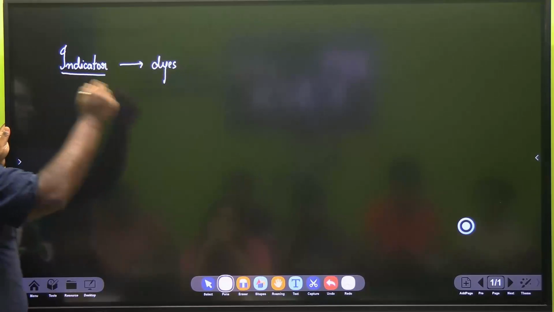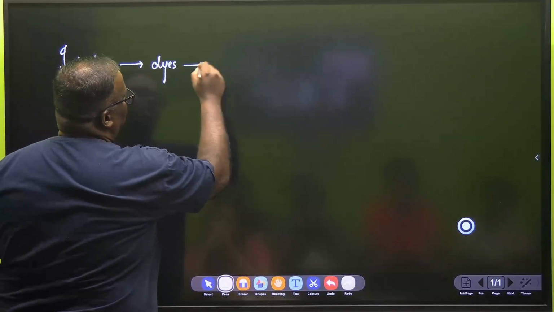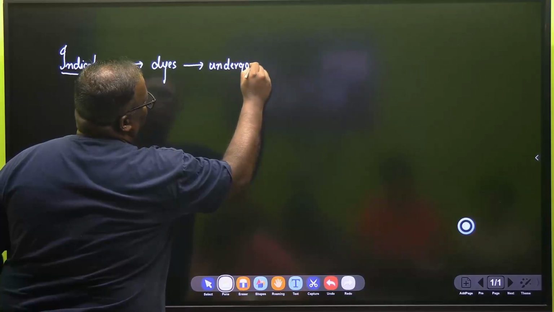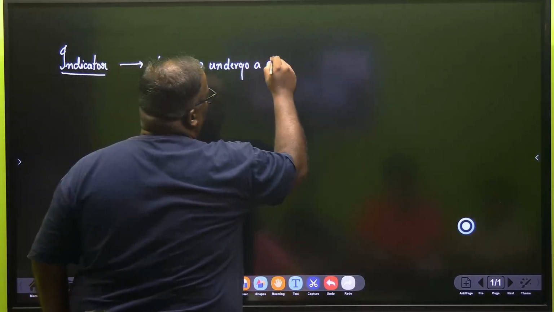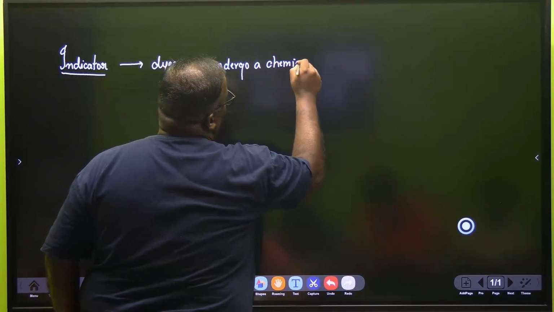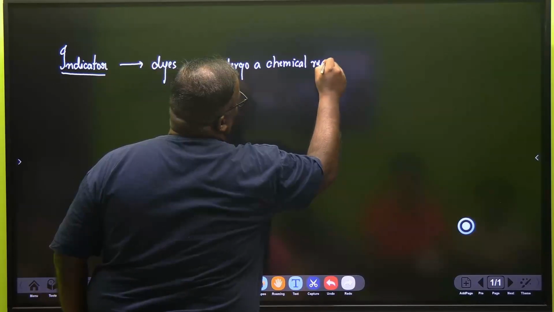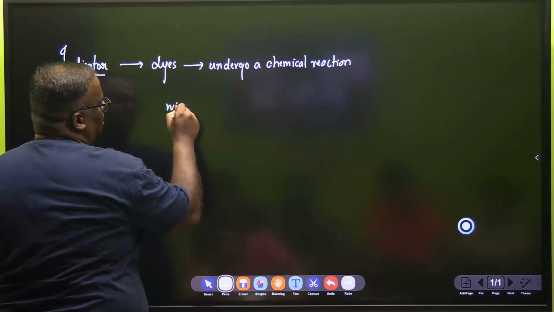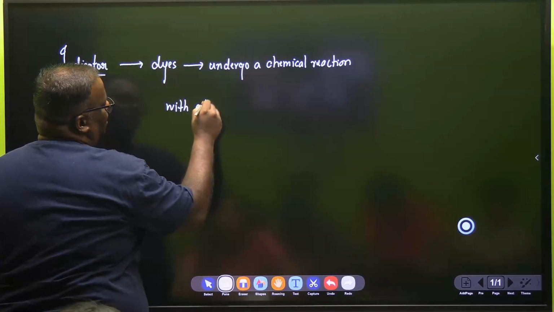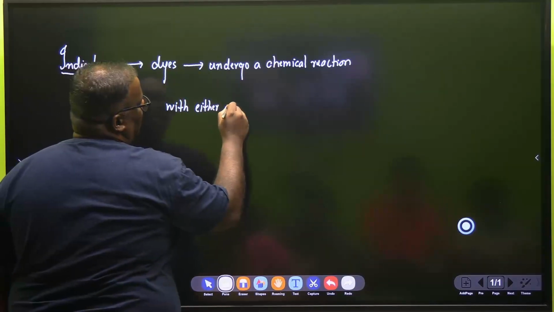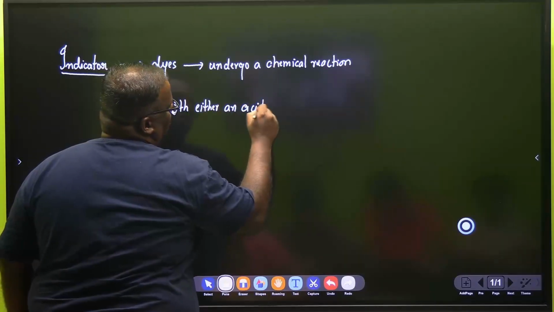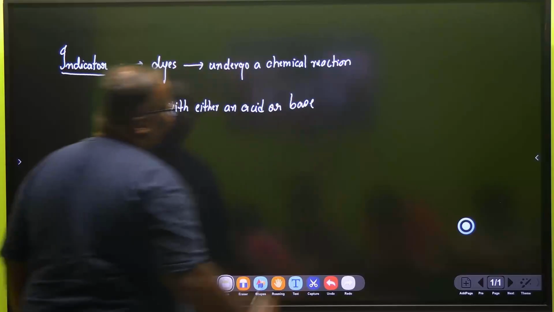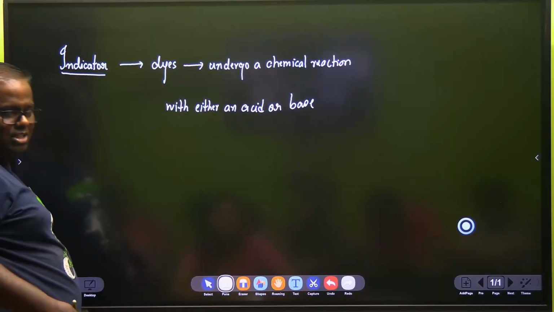So an indicator is a dye which will undergo a chemical reaction with, now here is the thing, either an acid or base. Okay, children, this is like a chicken and egg story. You now don't know what is acid and base, so just gulp it.